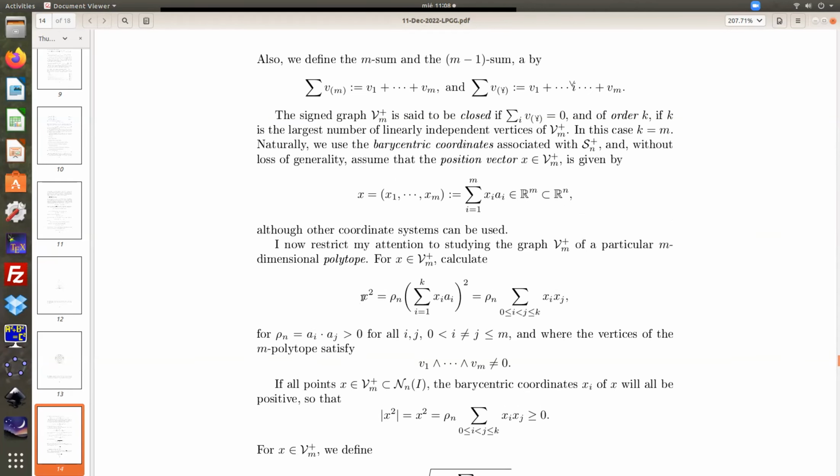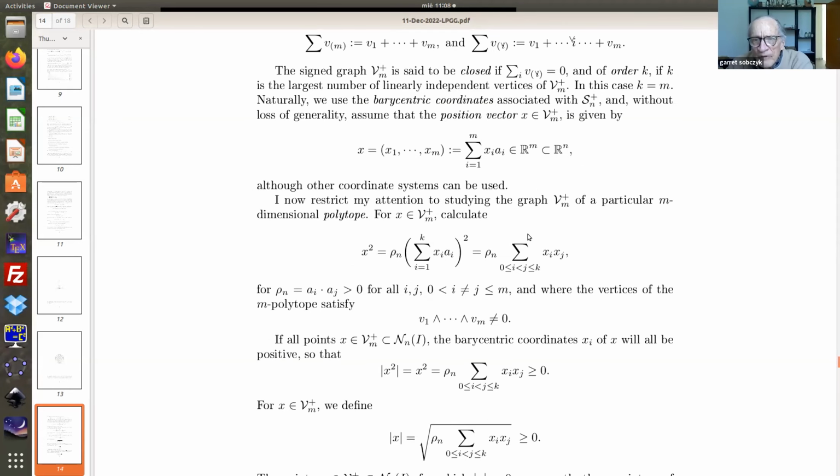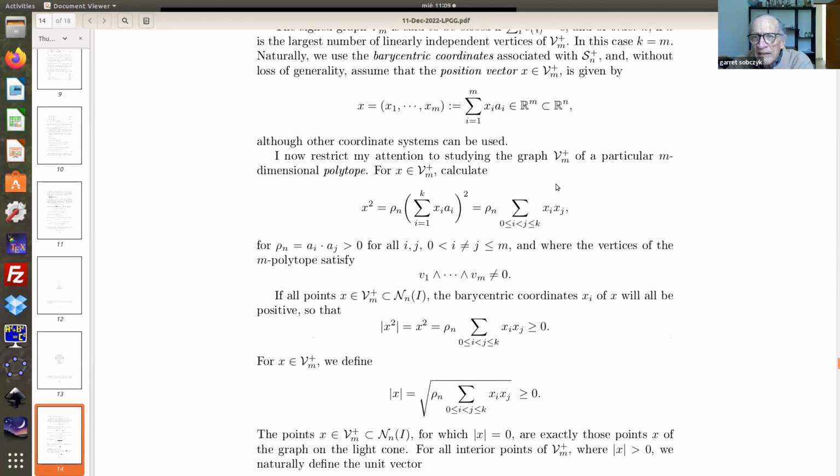For example, if I take x squared, I represent a point x as a position vector, sum of xi ai, in Rn, as a subalgebra of Rn. Actually I could just let m equal n and stay in Rn, but I'm trying to think more in terms of general graphs.